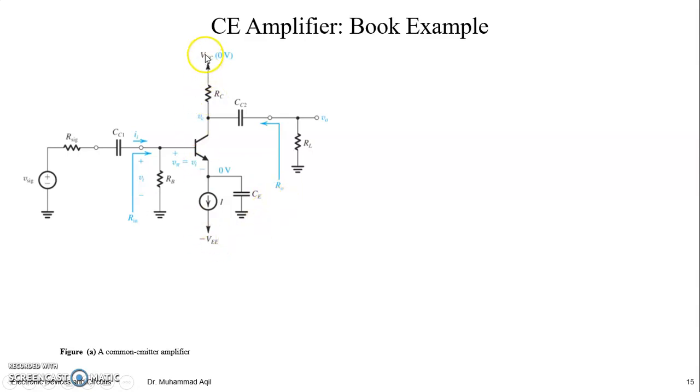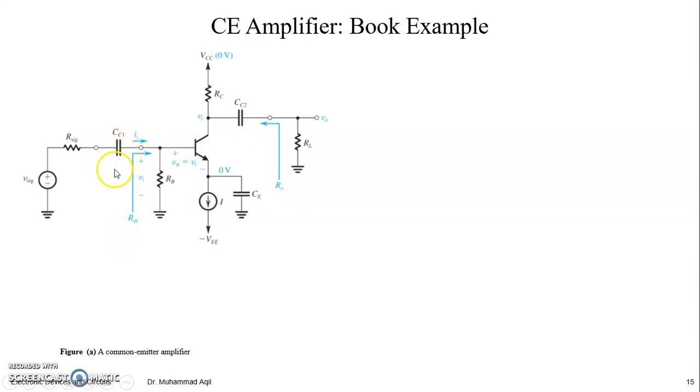Still, he showed you the VCC and VEE, but here he showed that it would be zero because it will be shorted to ground. This one also, right? So it is actually the AC equivalent circuit, and in the AC equivalent circuit the capacitor will be short circuited.